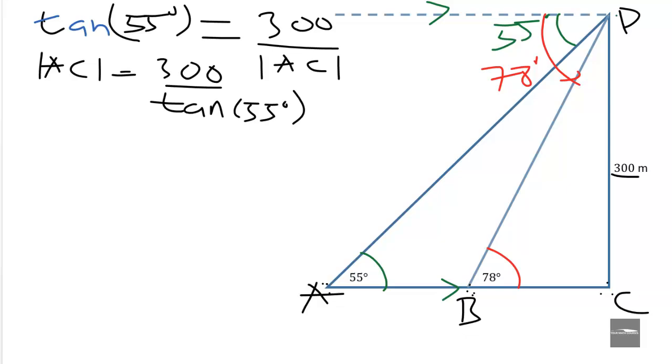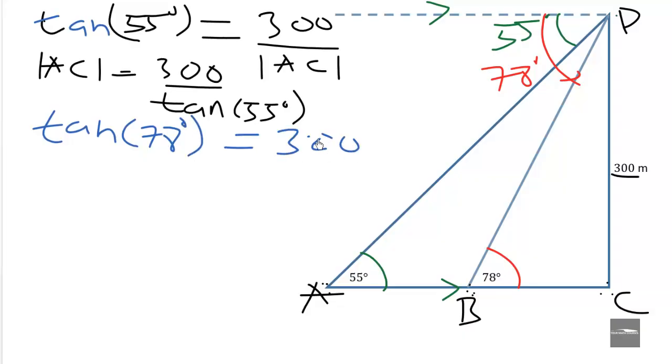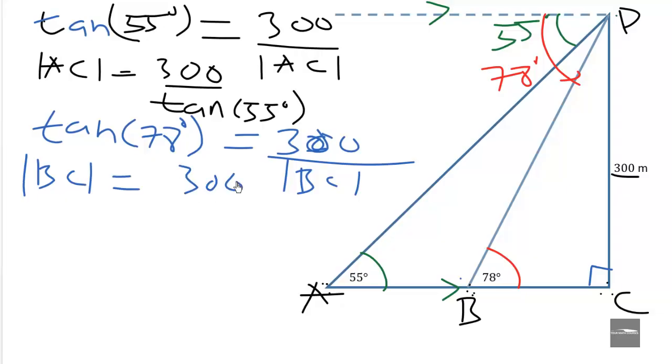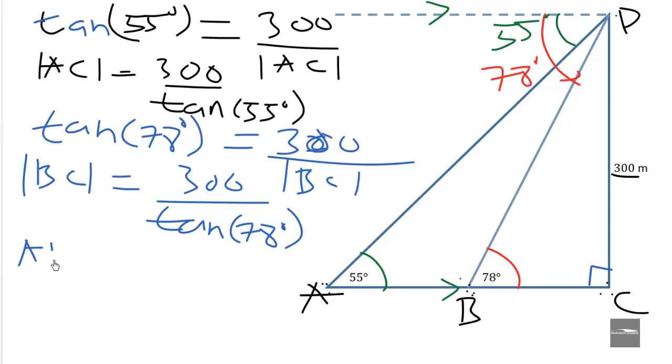So in a similar way, we can take the tangent of 78 degrees, and that will be equal to 300 meters over the adjacent, which is BC. The angle here is 90. So BC will now be equal to 300 over tan 78. So AB is equal to line segment AC minus line segment BC.